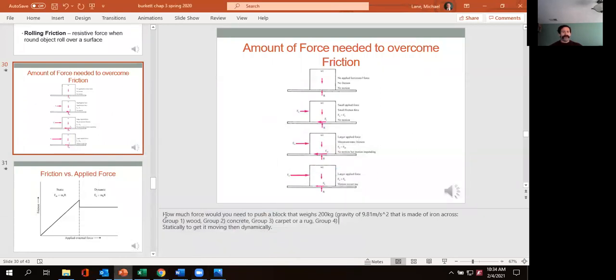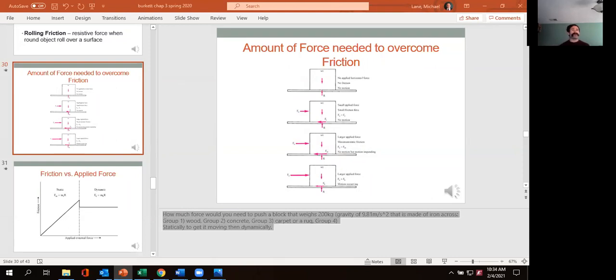So the last thing we're going to have you do, and this should hopefully be a bit easier, is figure out the actual force you need to move a 200 kilogram block made of iron across a wood floor, a concrete floor, a carpeted floor, or, sorry, group floor.